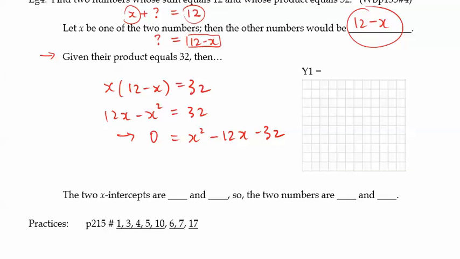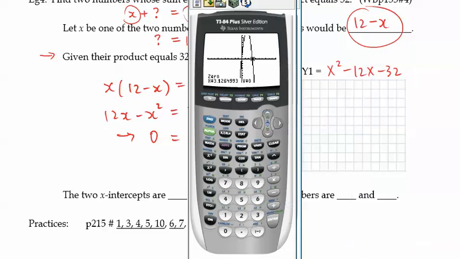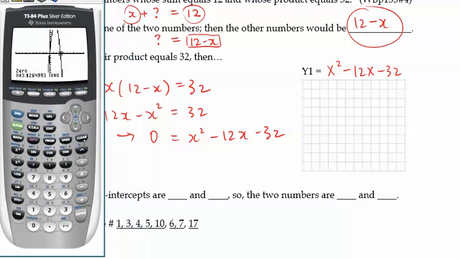We can solve this equation by graphing. We can enter this into our graphing calculator and find the x-intercept. We have x squared minus 12x minus 32.